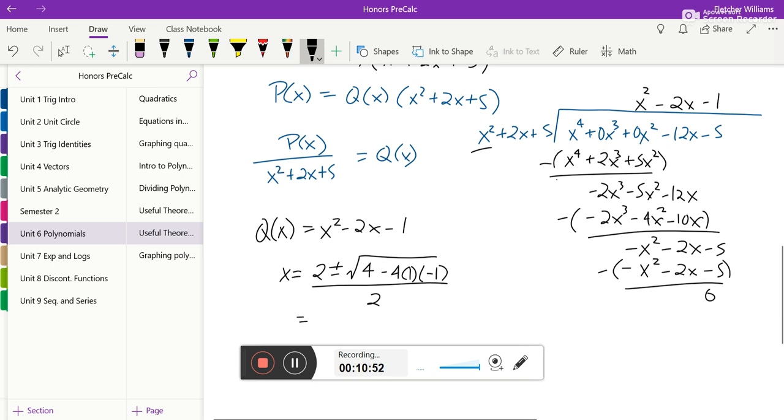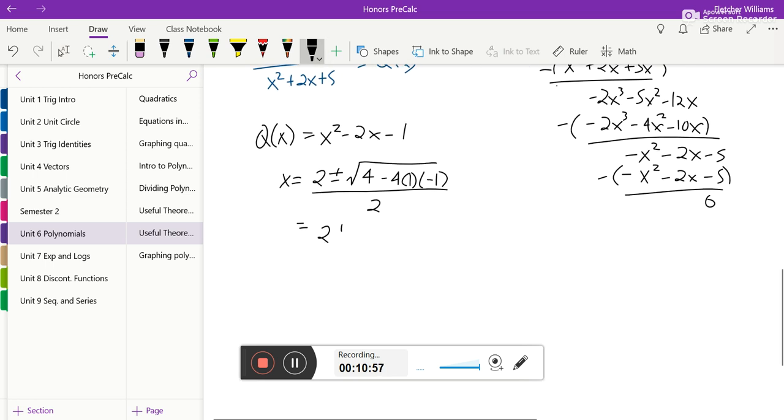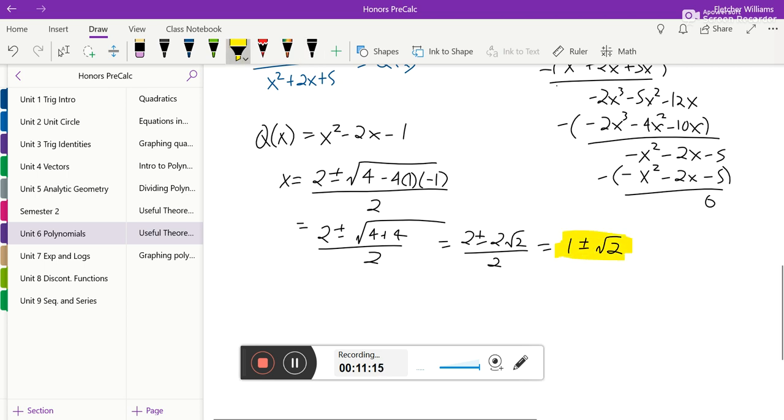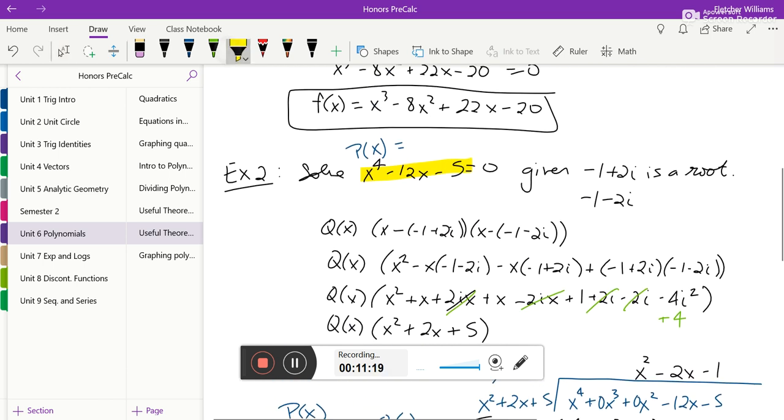So that is 2 plus or minus root 4 plus 4 over 2. 2 plus or minus root 8, which is just 2 root 2 over 2, or 1 plus or minus root 2. Okay, so here we have the two roots that we were missing, and up here is the one root we were given, and the other root that we figured out with the conjugate root theorem.